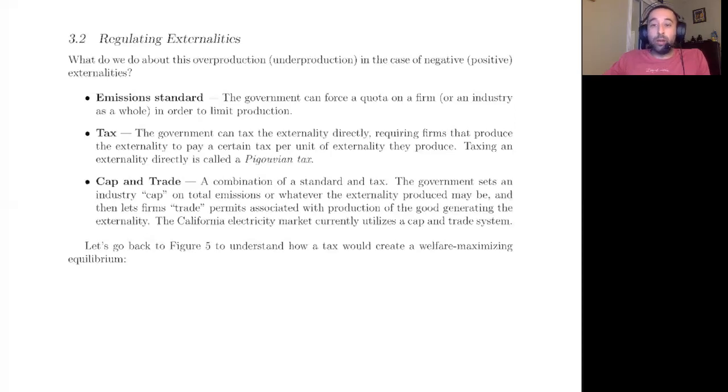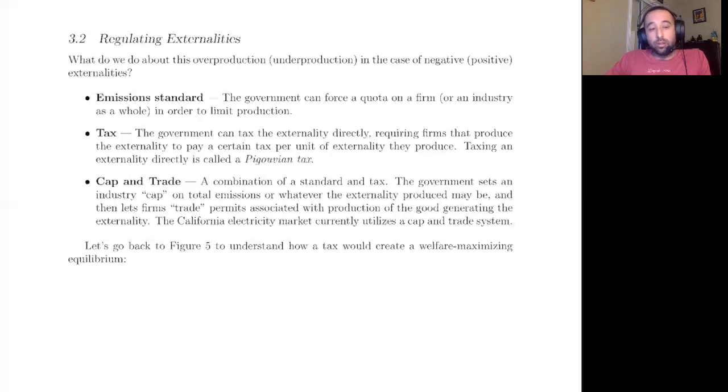And the firms may or may not choose to pass on all or some of the tax to consumers, but as we showed earlier in this lecture, it doesn't exactly matter in theory who the tax is placed on. We're still going to arrive at the optimal solution from a social standpoint. Okay, taxing an externality is often called a Pigouvian tax. So if you hear the term Pigouvian tax, that's the term used for a tax on an externality.